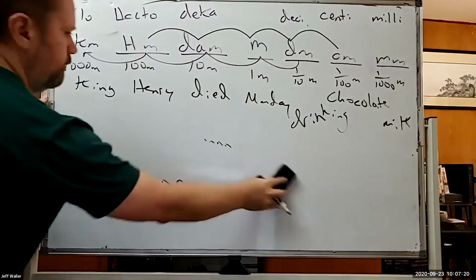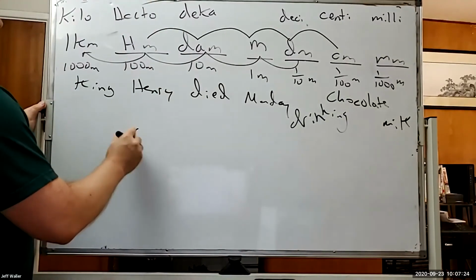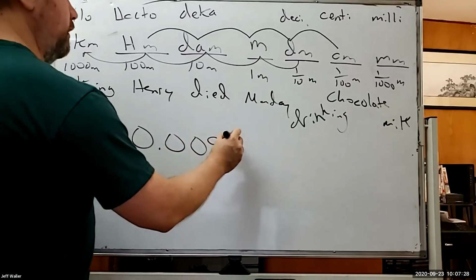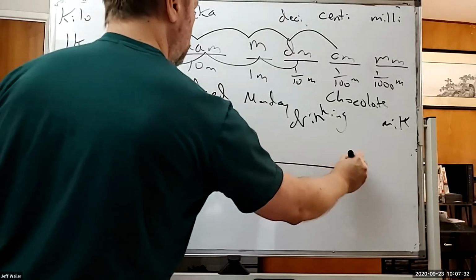Let's do another one. What if I have 0.009 hectograms, and I want to know how many milligrams that is?